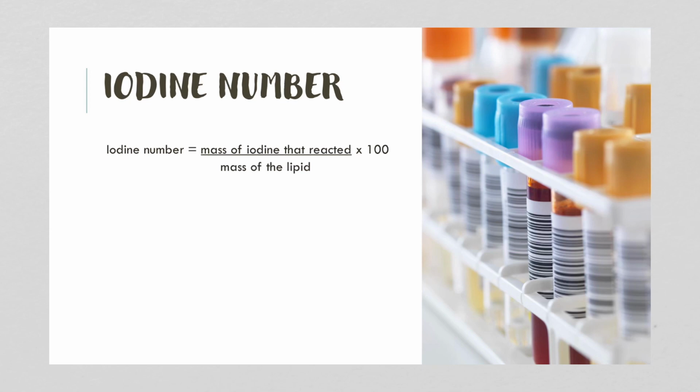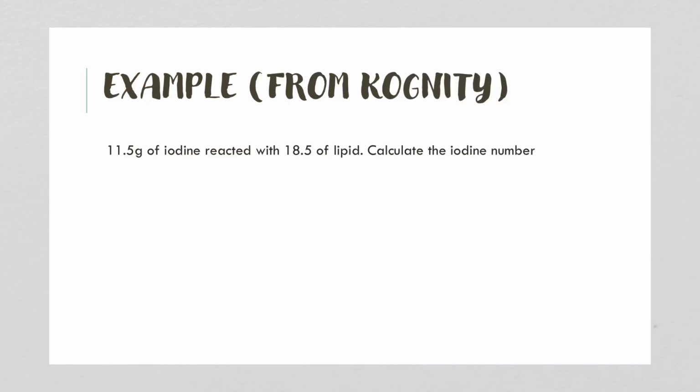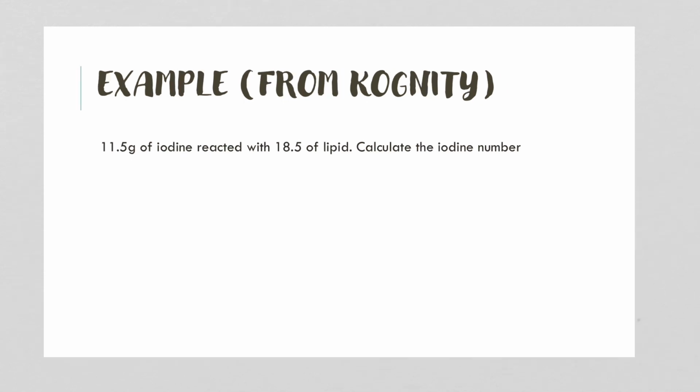You are required to calculate the iodine number, and it's not a difficult calculation at all. It's just the mass of iodine that reacted divided by the mass of the lipid, times 100. So fairly simple. In this example, 11.5 grams of iodine reacted with 18.5 grams of lipid, and we're to calculate the iodine number.